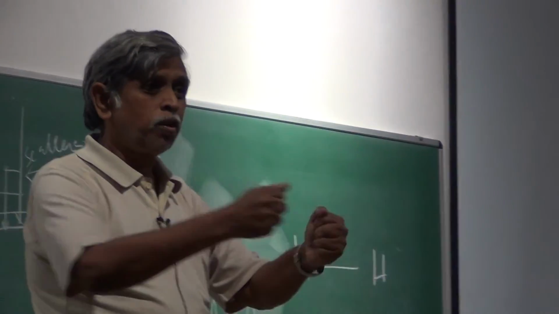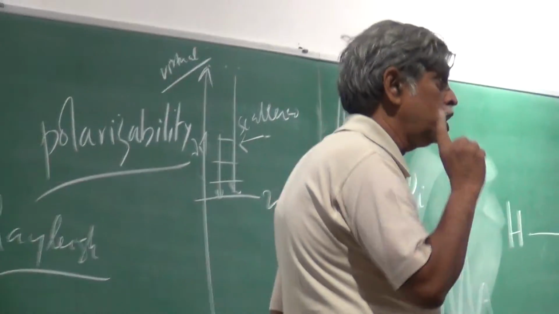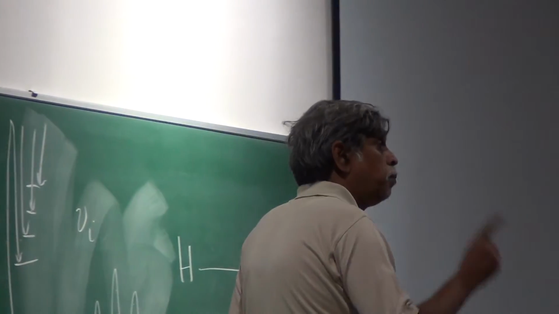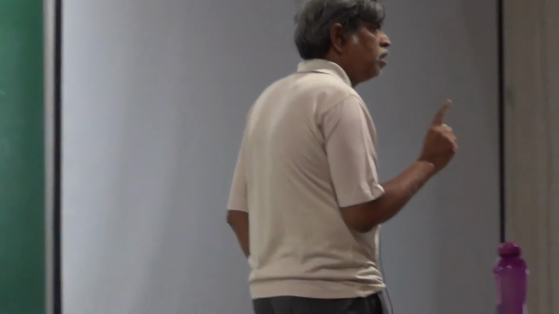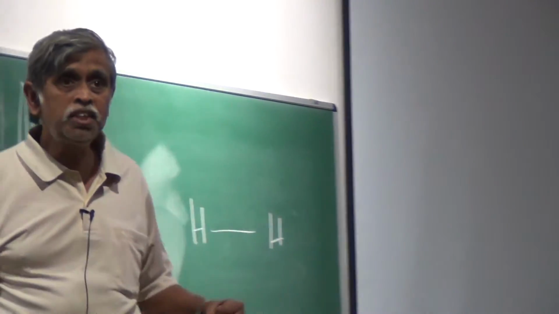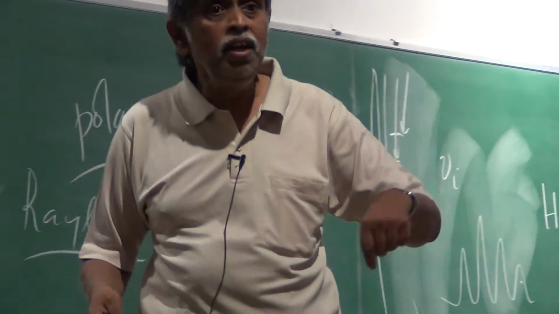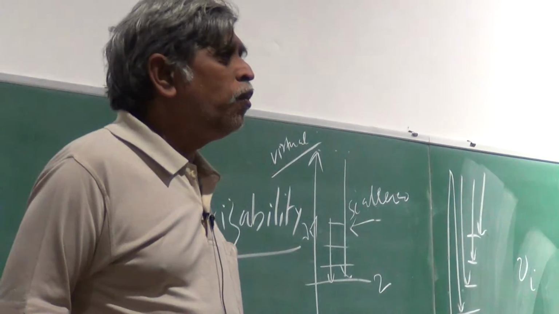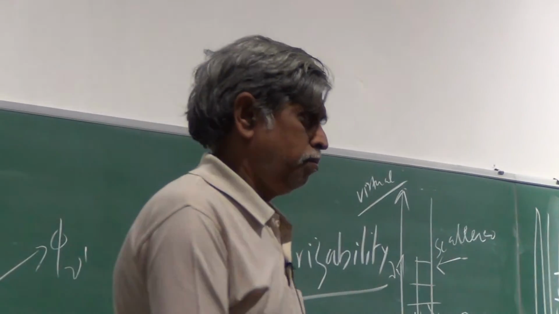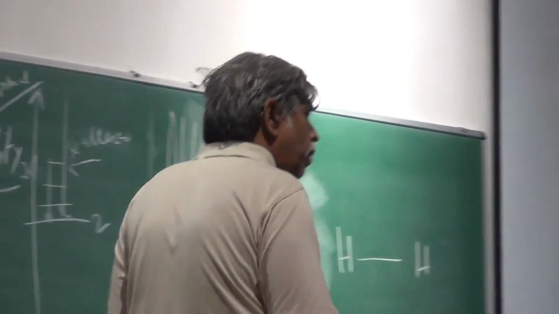Therefore, as the molecule progresses, while the dipole moment is not changing, what is changing? The polarizability certainly is changing. And therefore, you will find that this molecule has a polarizability that changes with vibration, while the dipole moment is not changing with vibration. Polarizability is all about inducing a dipole moment.